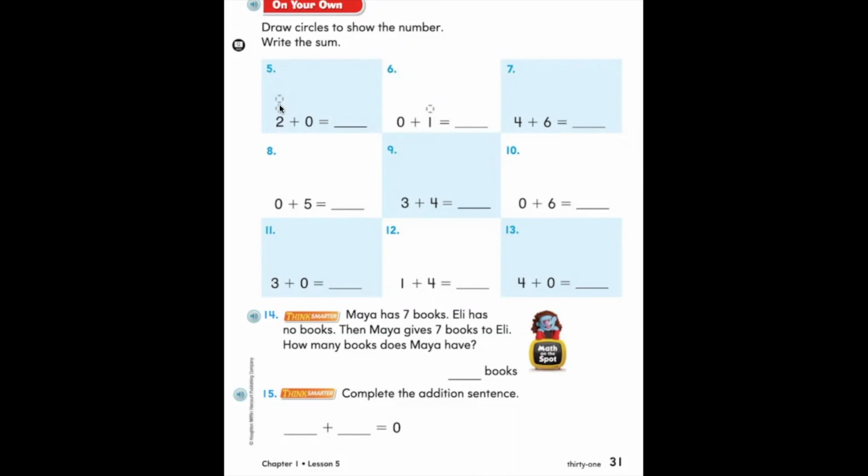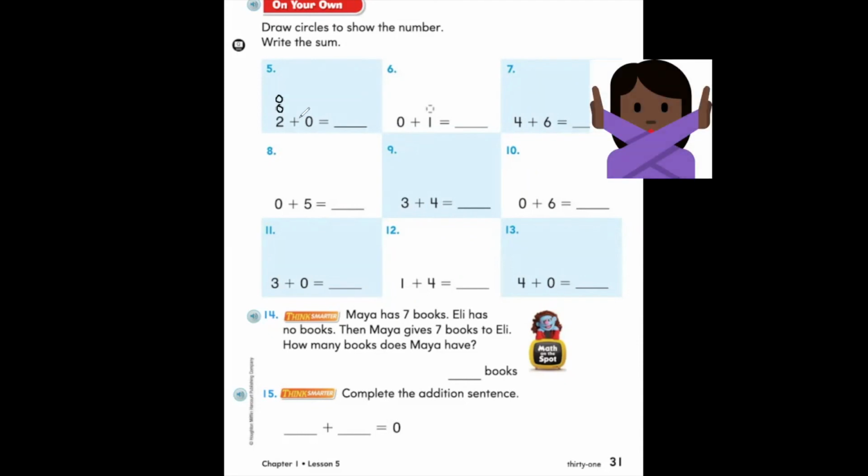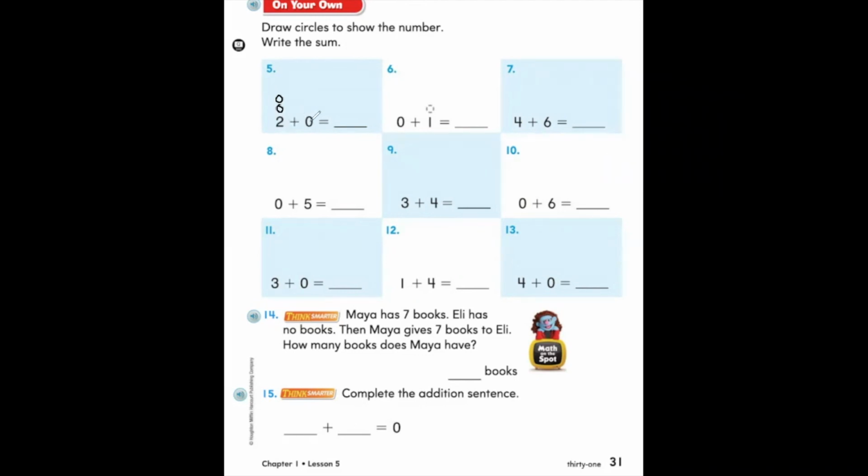Go ahead and trace those 2 circles, which stand for 2. It says 2 plus 0. Notice there are no circles above 0 because 0 means there's nothing. 2 plus 0 equals 2.